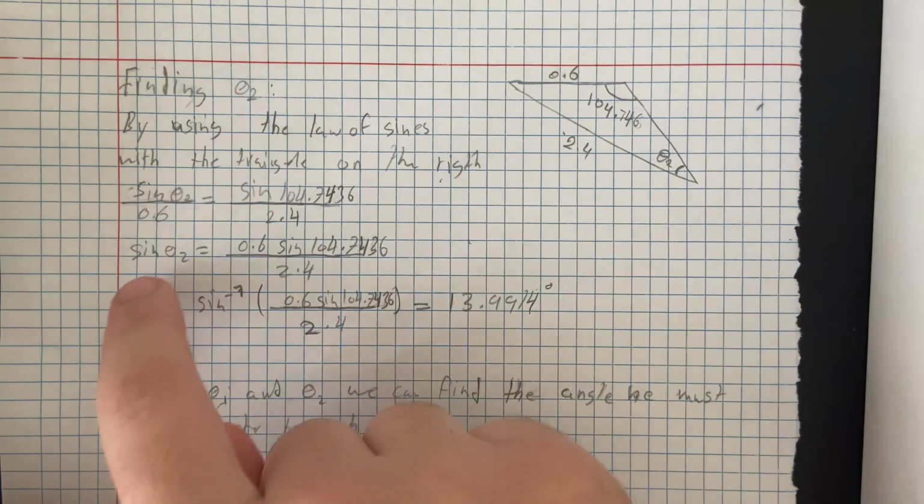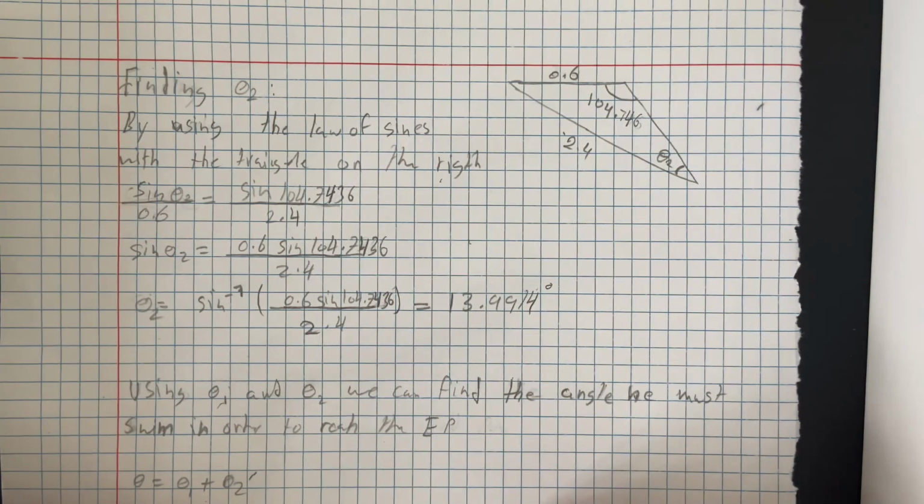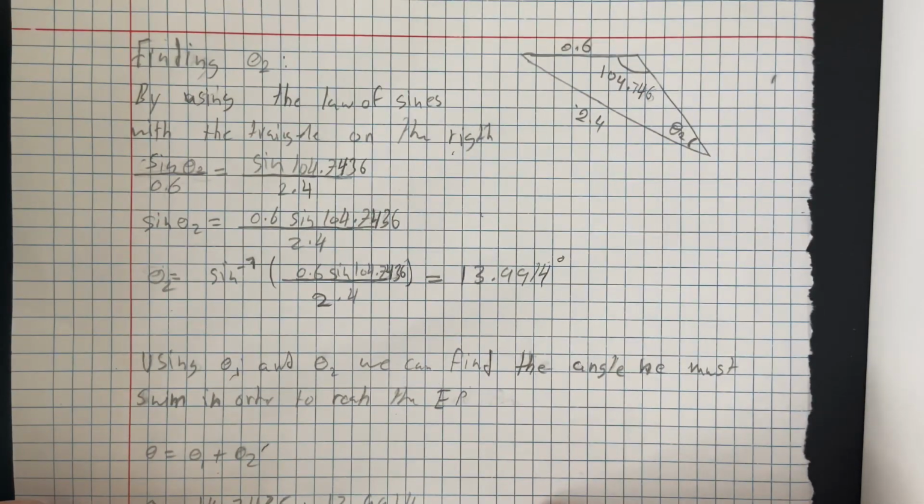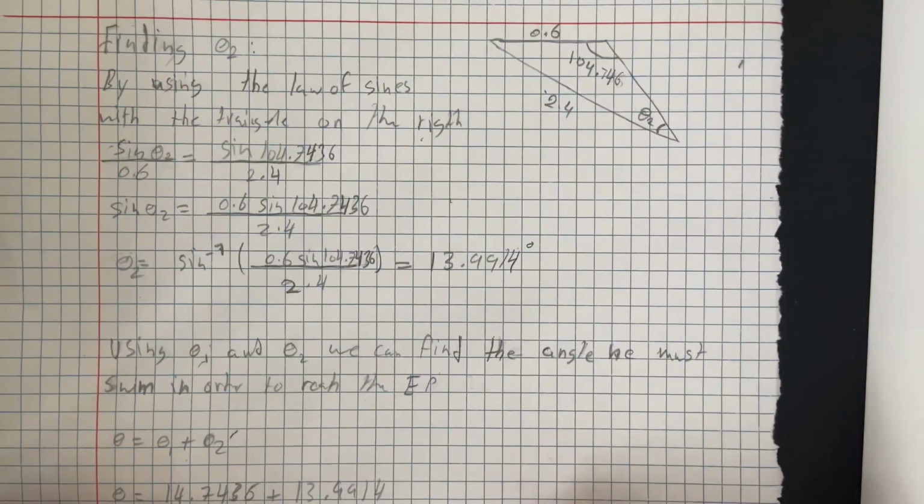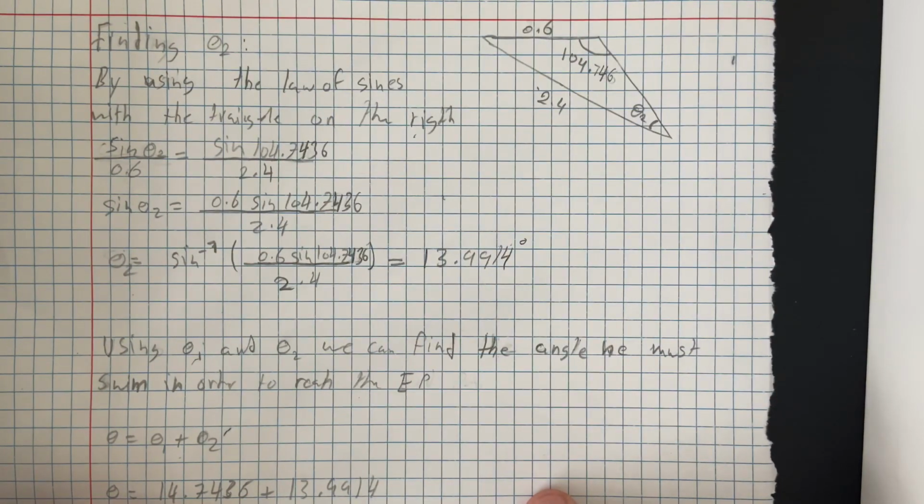So sine theta 2 equals 0.6 sine 104.7436 over 2.4. Theta 2 is equal to sine inverse of 0.6 sine 104.7436 over 2.4, which will give us 13.9914.